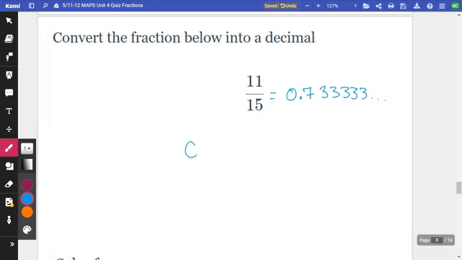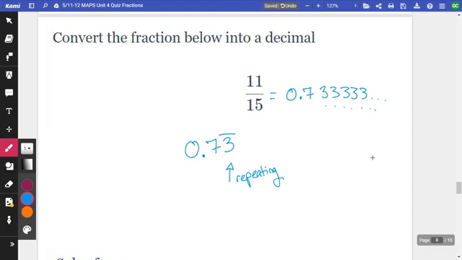How do we write this in a more concise or shorter form? So we have 0.7, and that is the same. But then we have all of these 3's that keep on repeating. And we write in math this overline to indicate repeating. So this is repeating. 0.73, repeating.